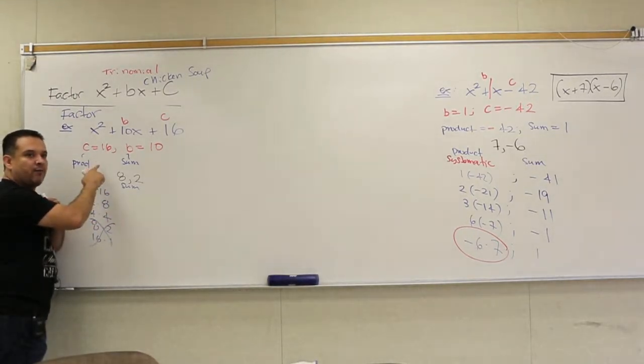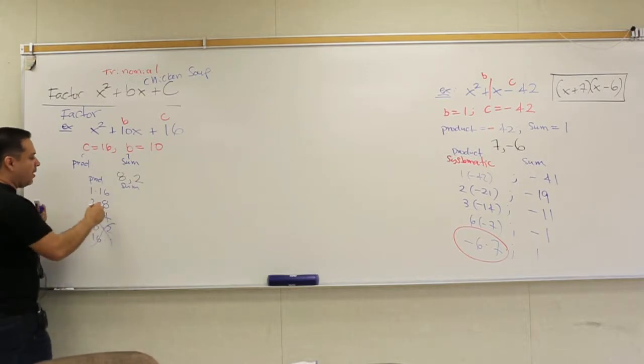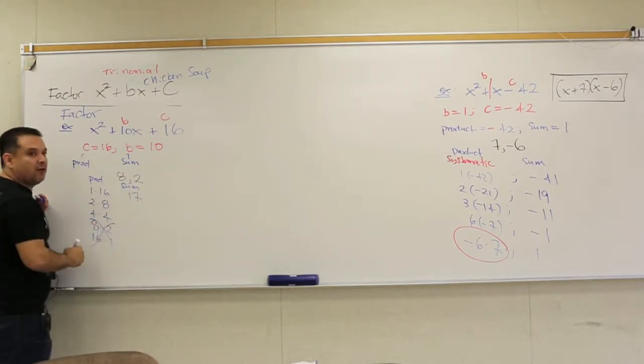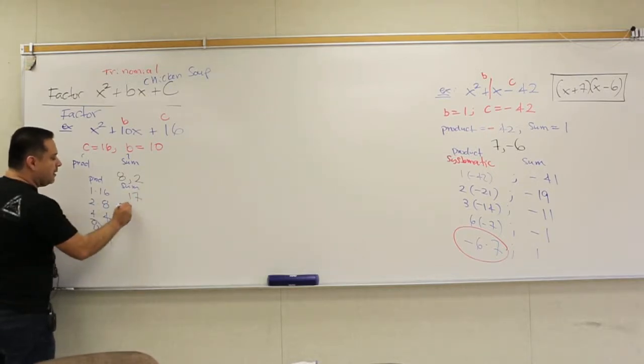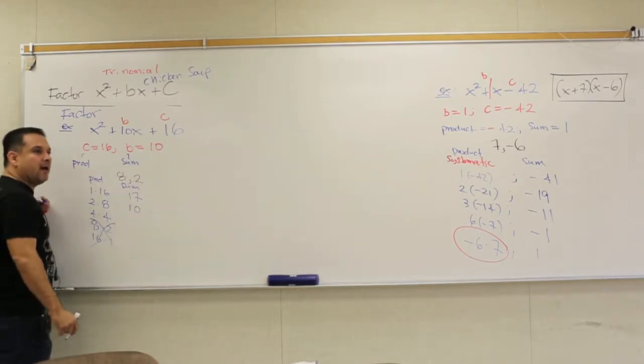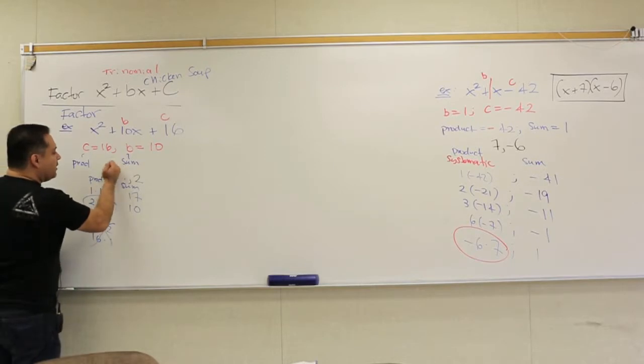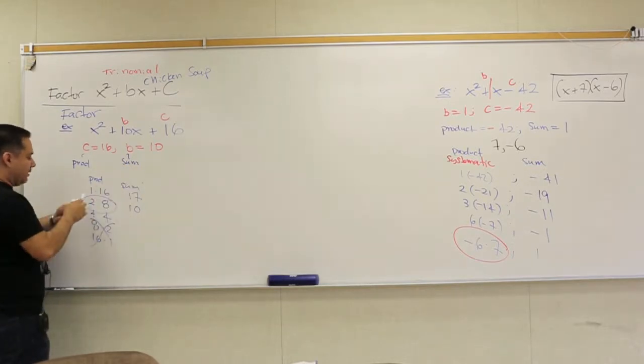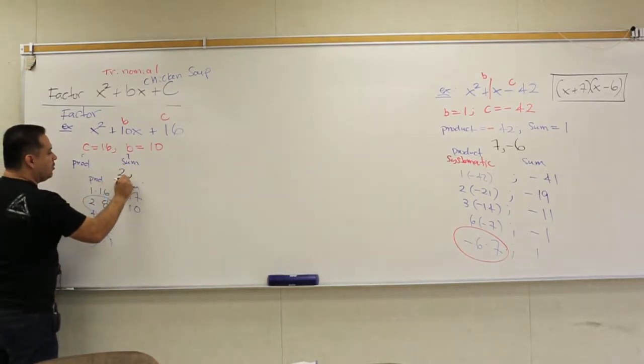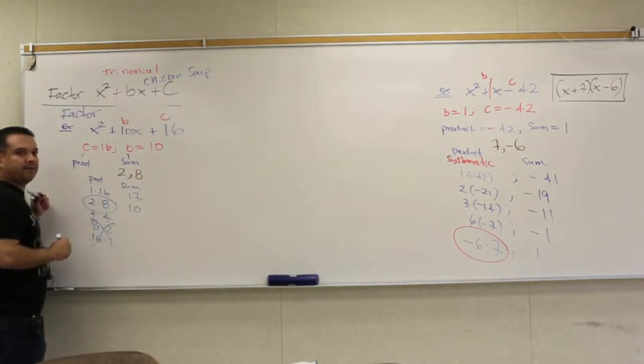Yeah. But I have to have a sum that's what? 17? No. What's 2 plus 8? 10? Yes. This is the pair. So you told me 8 and 2. Well, that's fine. But that's the same as 2 and 8.